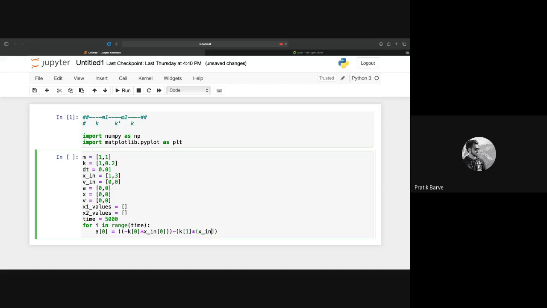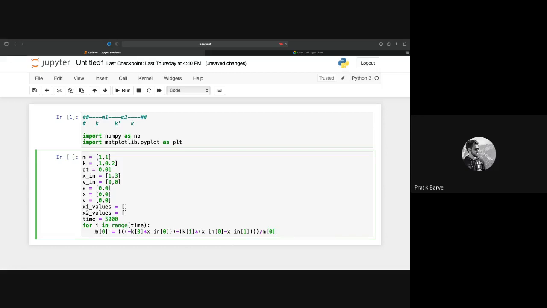So we have x in 0 minus x in 1. Let's see if the brackets are okay. 1, 2, 3. Okay. And this whole thing will be divided by m. The m of our first mass is m0.